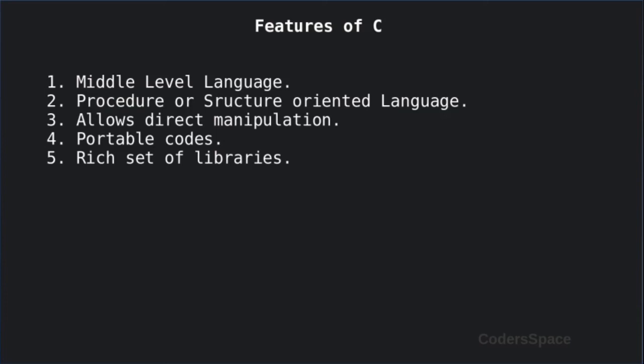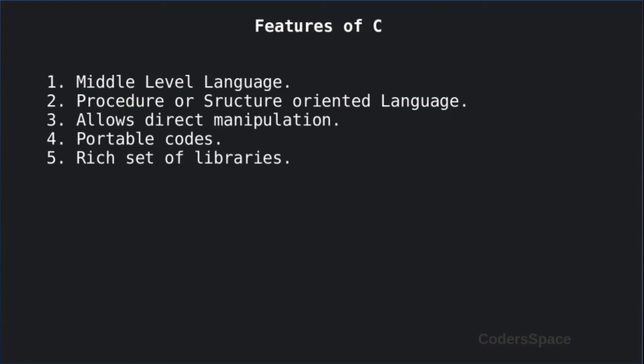And the main advantage of these middle and high level languages is that they allow the programmers to focus on the logic. For example, if you are writing code in assembly language, then the programmer has to first of all look at what the instructions are for that hardware. Then he has to focus on what instructions he must use. And with that, he also has to focus on the logic, so it is very time consuming.